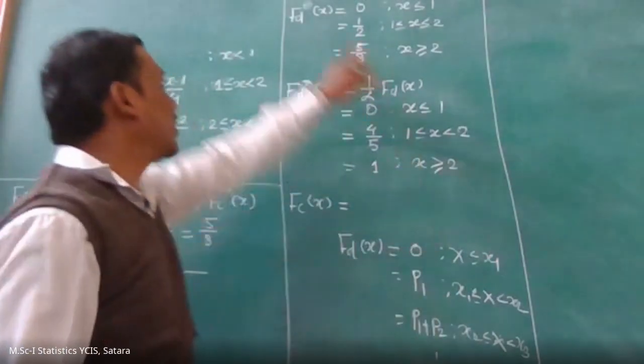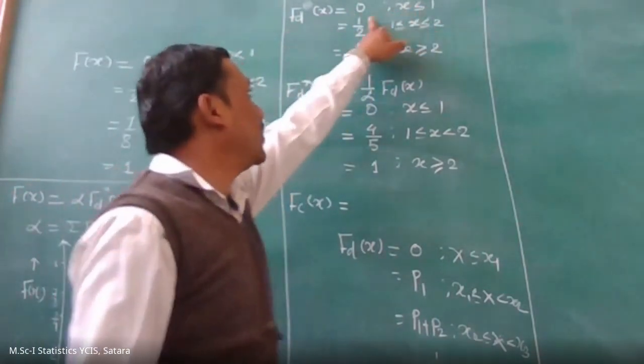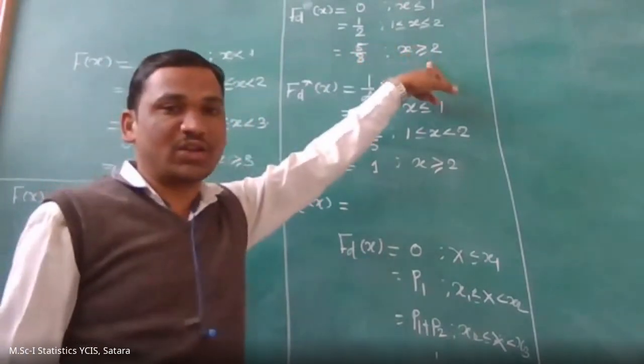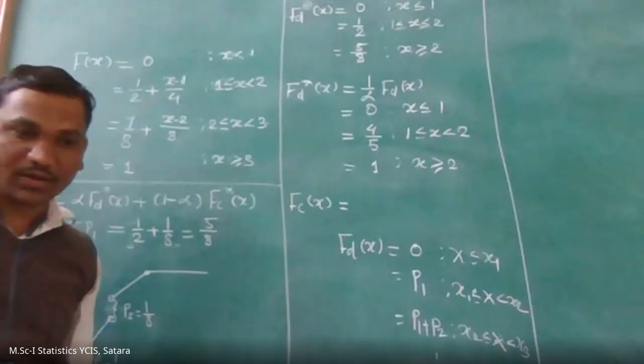So similarly we have to obtain fd of x: 0 for x is less than or equal to 1, 1 by 2 for 1 to 2 and 5 by 8 for all the values greater than or equal to 2. Okay? हा समजलं.